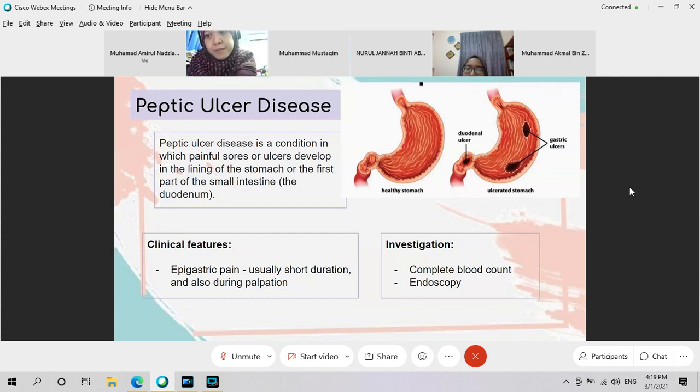Because during food intake, there is a gastric secretion. So from the stomach, it will cause the ulcer to trigger the pain of the gastric ulcers. Okay.